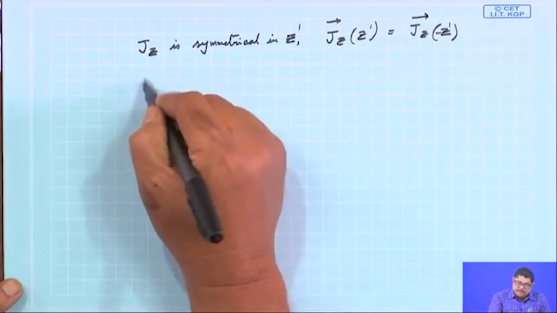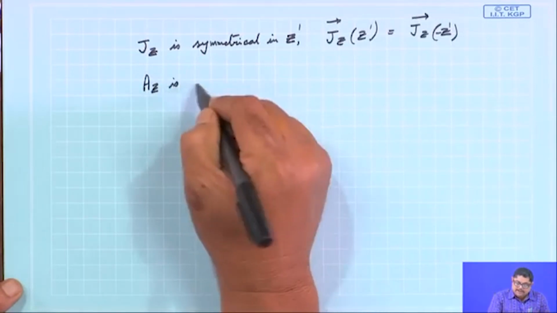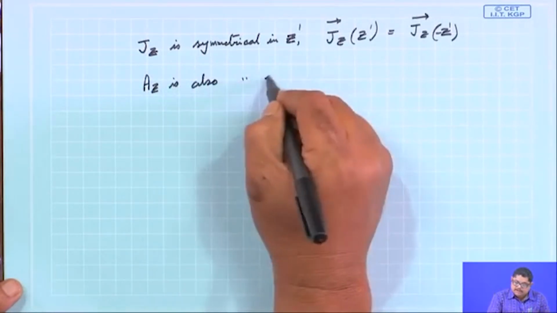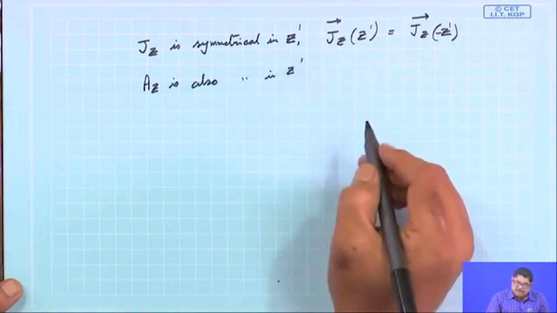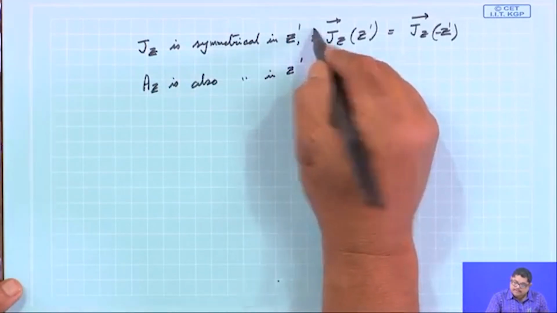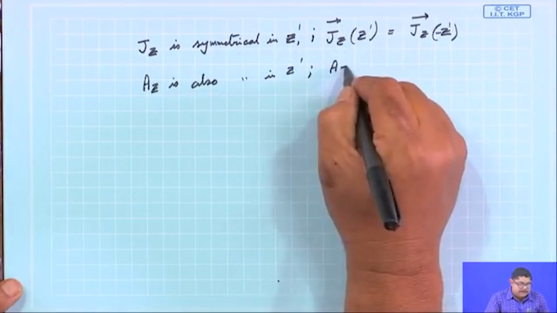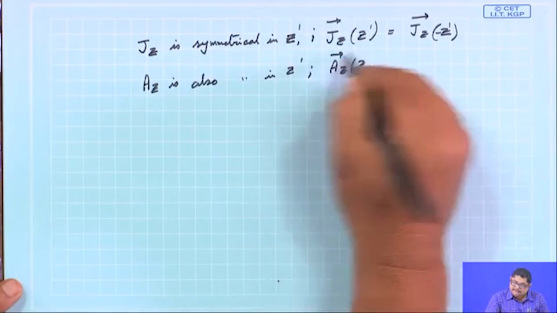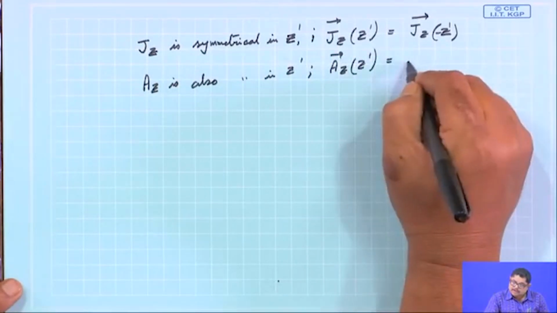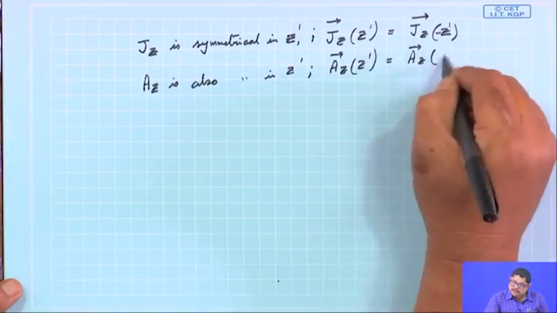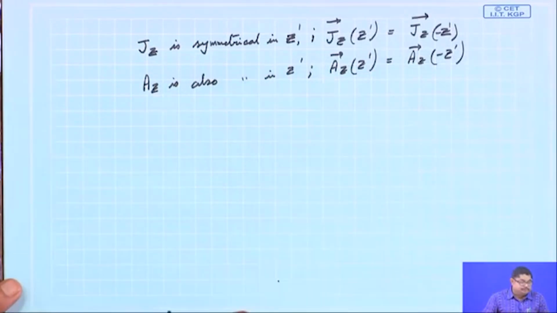This tells me that Az is also symmetrical in z dash. That means Az(z, z dash) is also Az(z minus z dash).